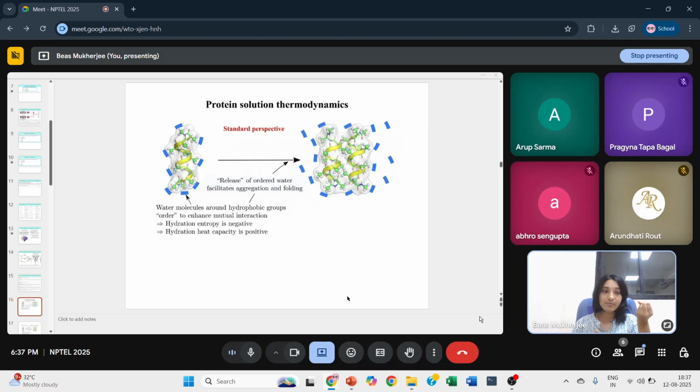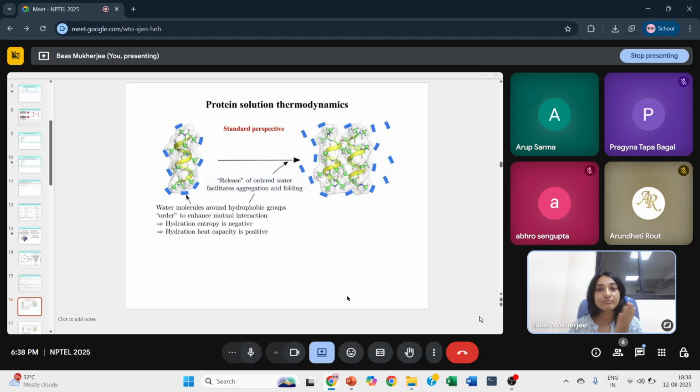But the folded protein has relatively less randomness, right? So there is definitely an entropy reduction. Plus there is also an enthalpic component because bonds are being formed and broken. So there is constant interaction between the residues. These interactions lead to this enthalpic component, right?